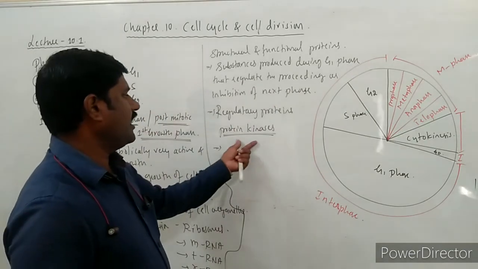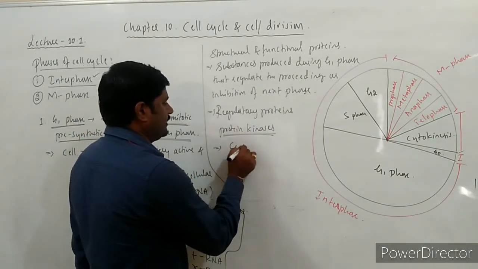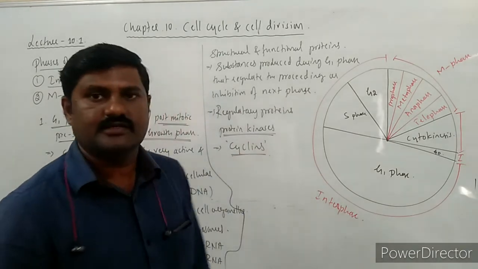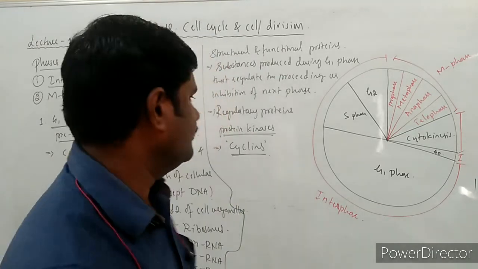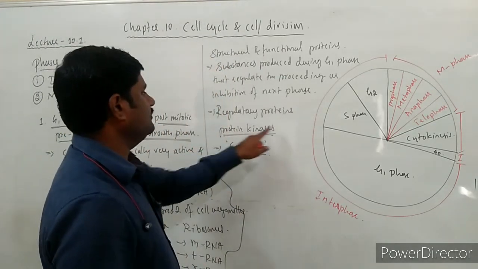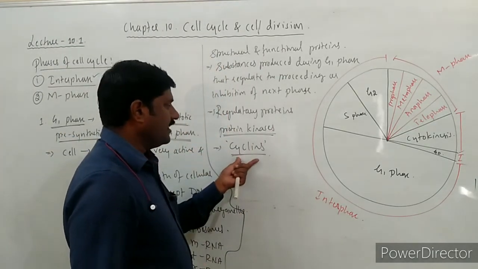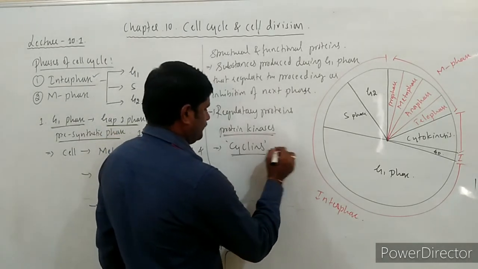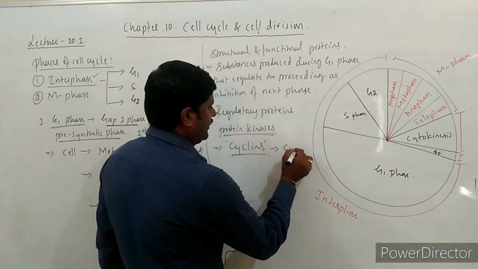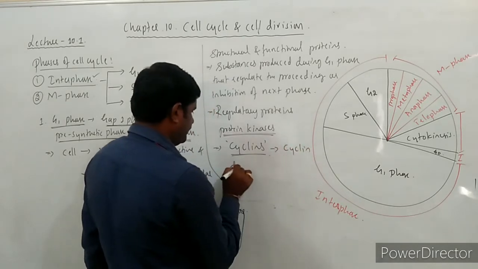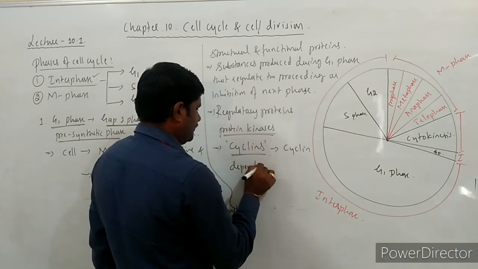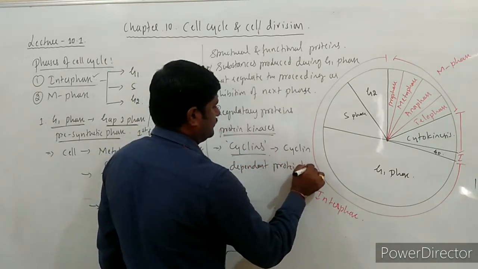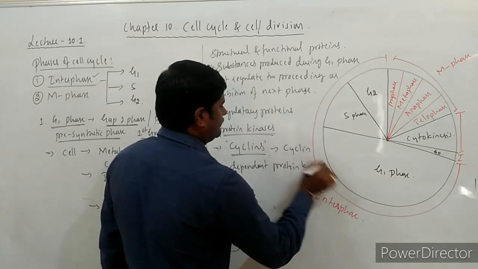And these protein kinases are stimulated by cyclins. What are those? So they are cyclins, right? So protein kinases are of different types. So cyclins are there, and hence these are called as cyclin dependent protein kinases.